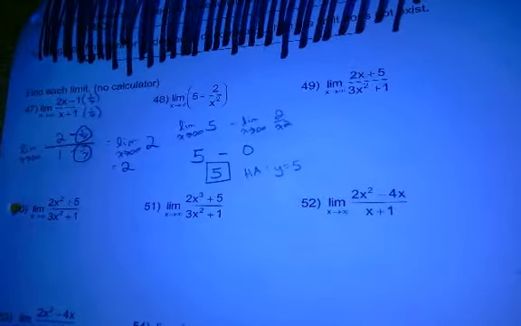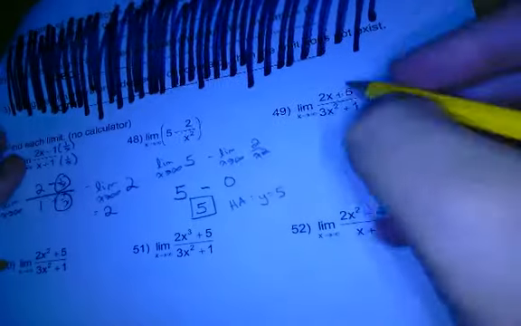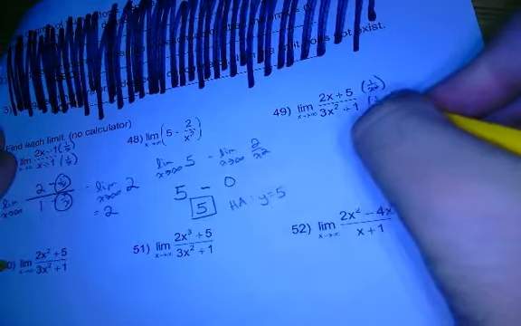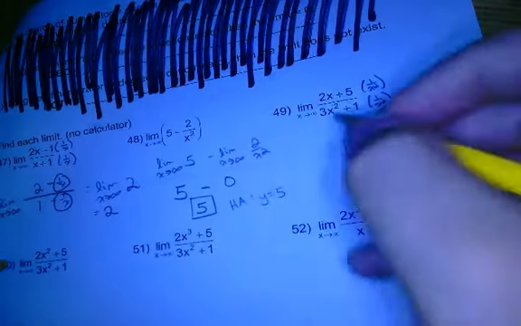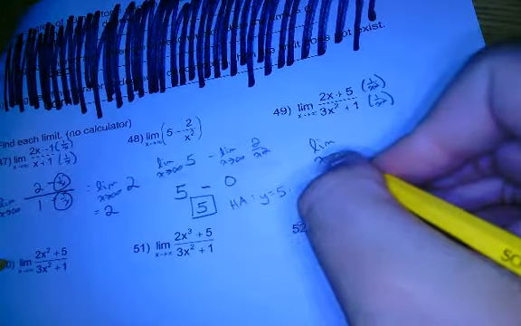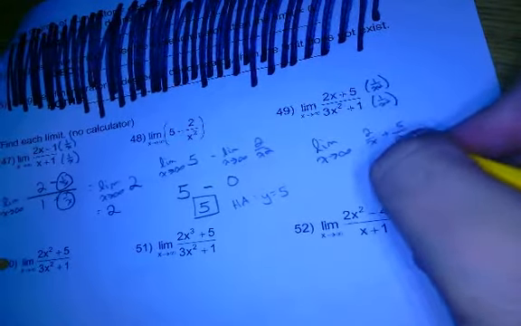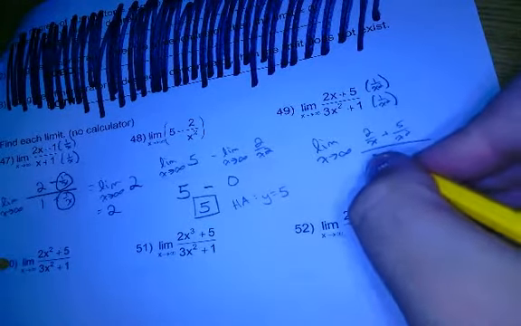49. What's my highest increasing function? Well, it's x squared, so we multiply everything by 1 over x squared. So this becomes the limit as x approaches infinity of 2 over x plus 5 over x squared, all over 3 plus 1 over x squared.